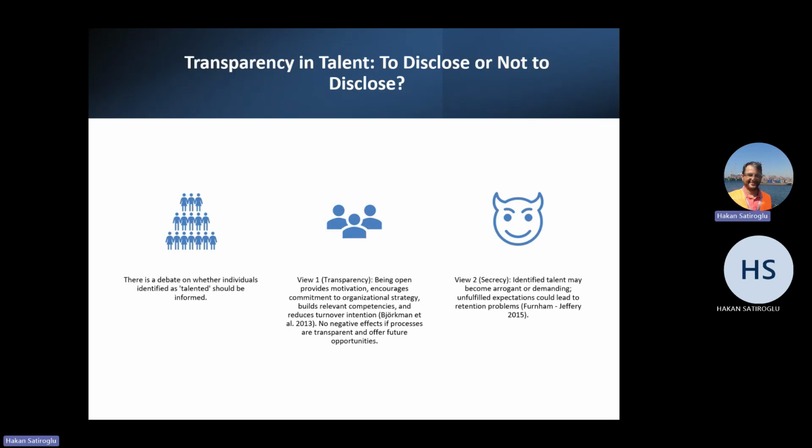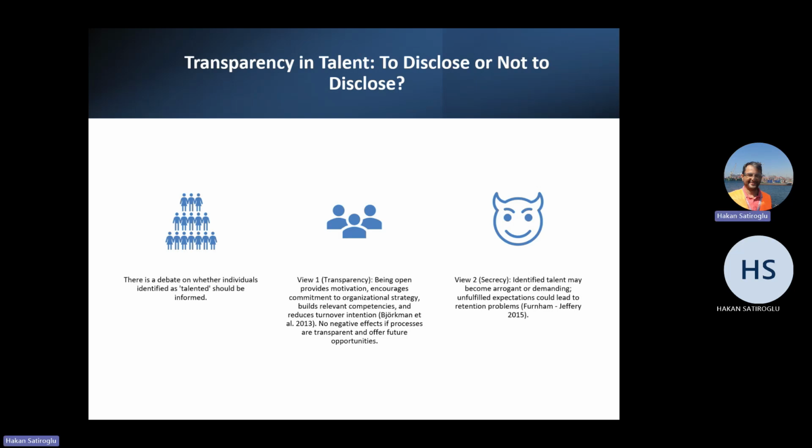And transparency in talent, which I think we more or less mentioned at the beginning. Transparency in talent: to disclose or not to disclose. There are different views, transparency and secrecy.